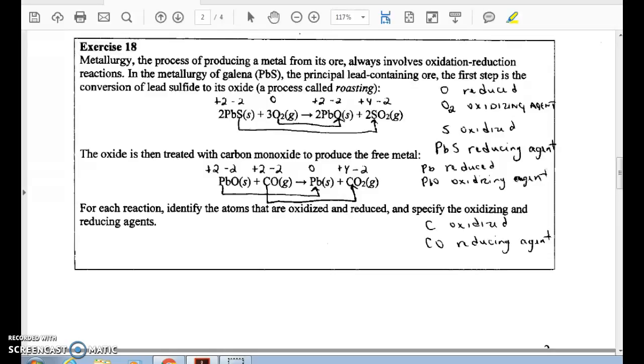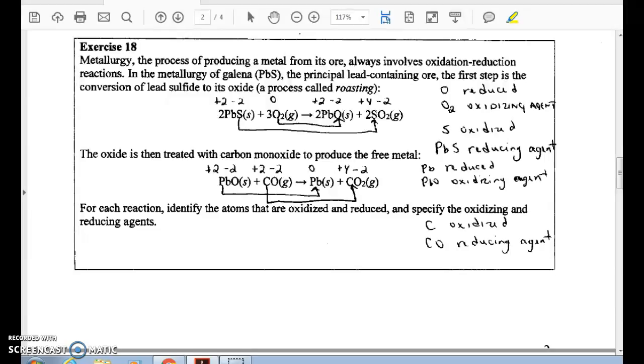O2, oxygen gas, is the elemental form of oxygen, so it's 0. Also applying the ionic charges for the lead oxide in the product, and then using that assigned charge that oxygen is nearly always -2, and if it's -2 and there are 2 of them, then the sulfur in the SO2 has to be +4 to balance that out and add up to 0.